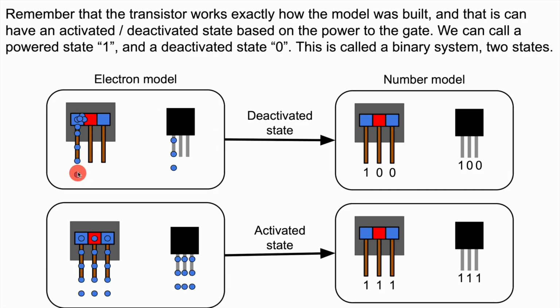Now, I can demonstrate again what will happen, that it will not be able to do anything until you activate it by powering the gate, applying electrons here to let the source go to the drain. And this can also be represented with binary. By putting power here, or 1, it does nothing, but if you apply power to both, you'll get a power at the end.